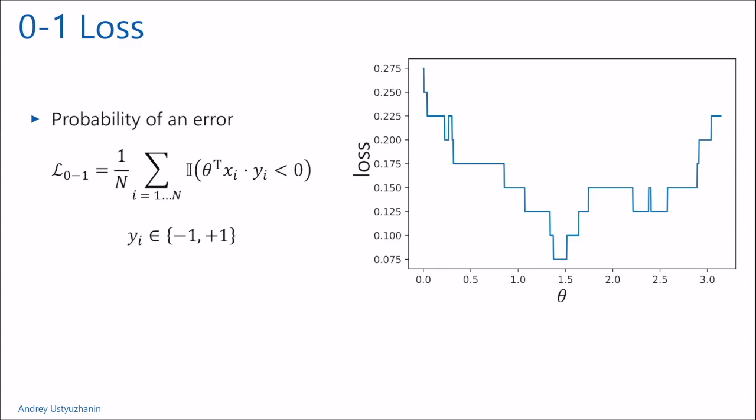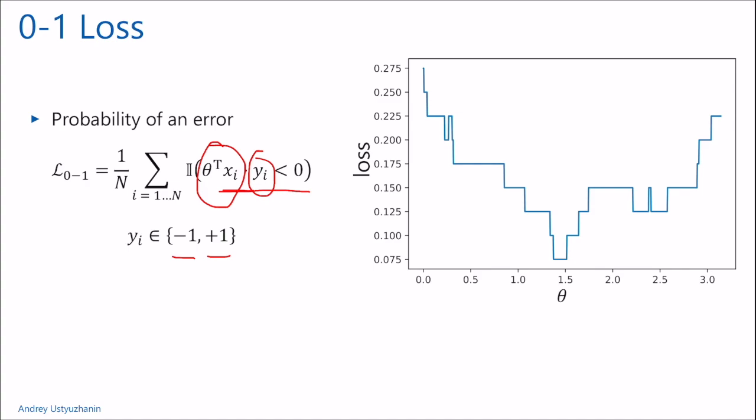So one example is called probability of an error. So we estimate the average over the sum of those components. So it is theta transposed x_i, so it is a predicted value multiplied by ground truth, and ground truth in this case is either -1 or +1, and we want to check if this multiplication is below 0.